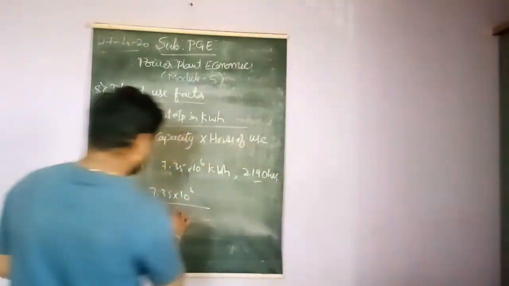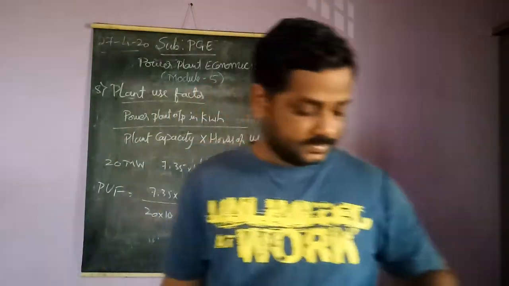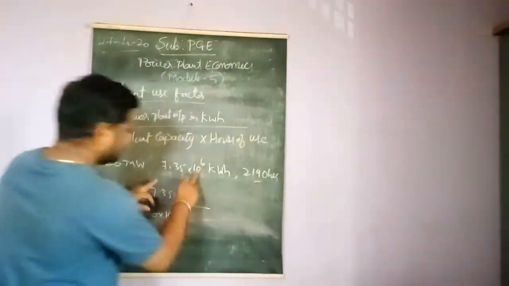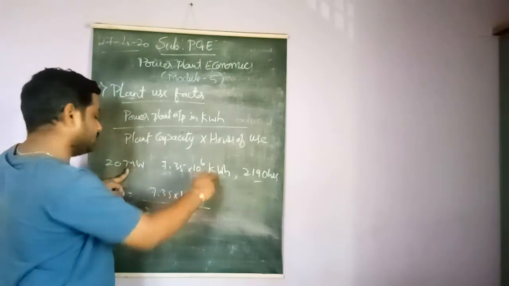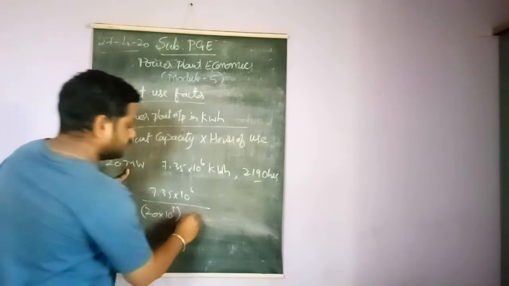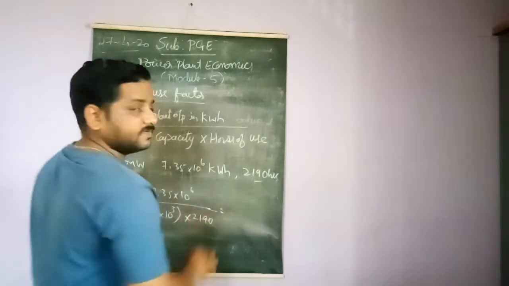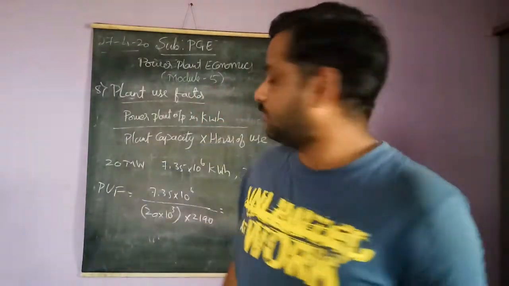You should take it in terms of kilowatt, 20 into 10 to the power 3, since the output is in kilowatt hour and this is in megawatt, into time, 2190 hours. If you simplify this, we get an answer of 0.167.